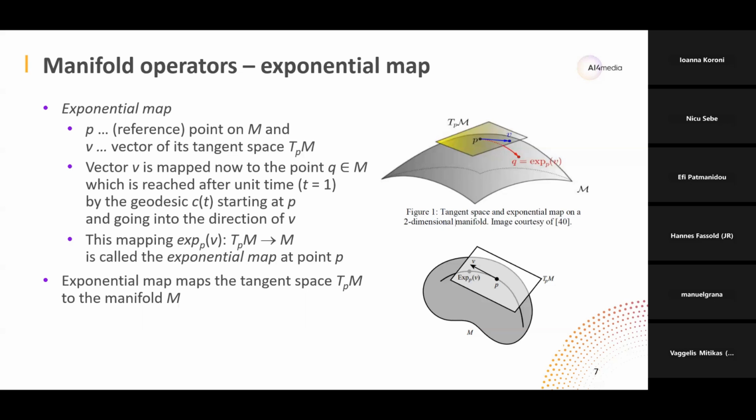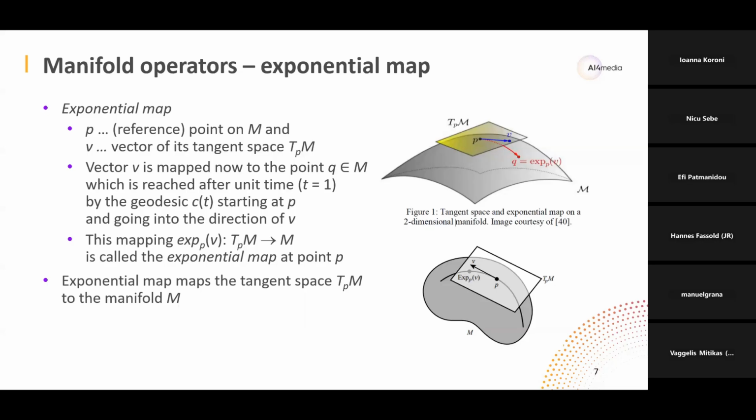And this mapping now is called the exponential map. So it maps at a certain point P, and it maps now this vector on the tangent space to a point Q on the manifold.